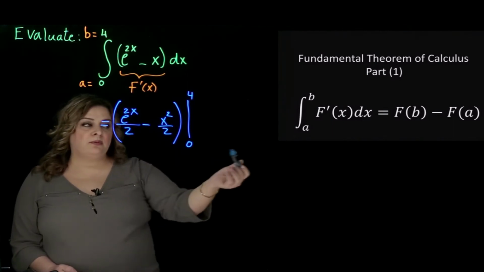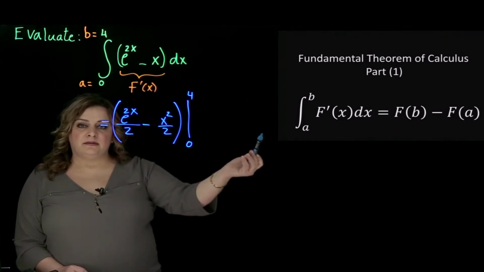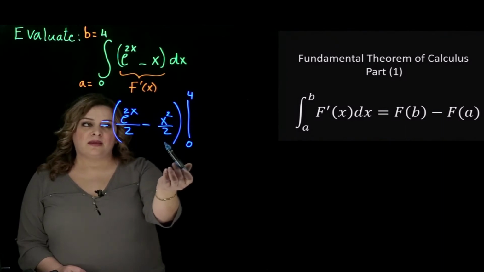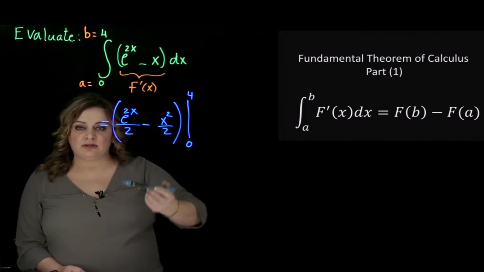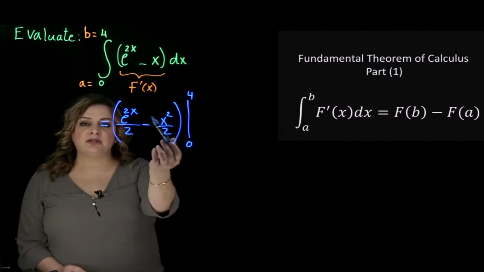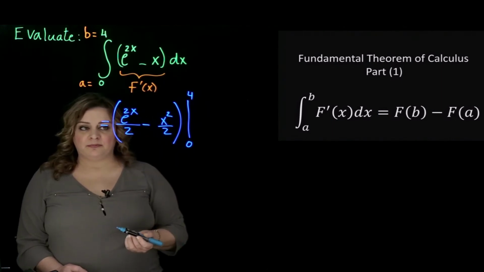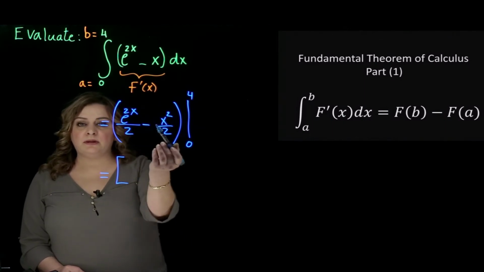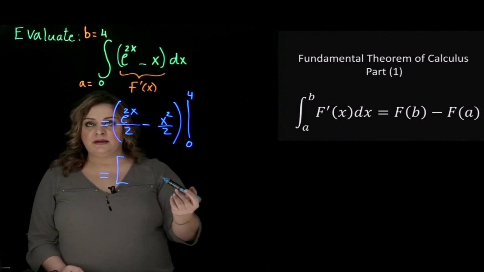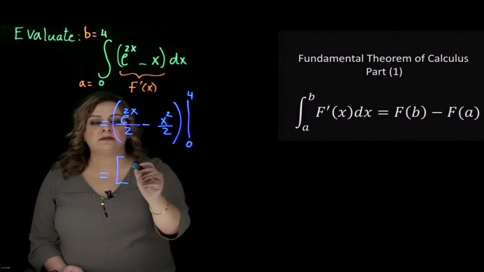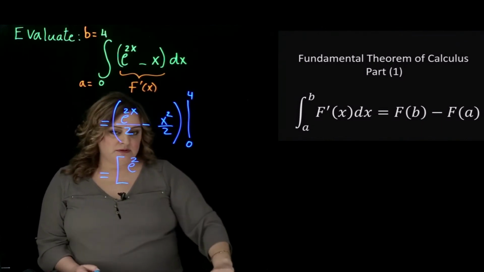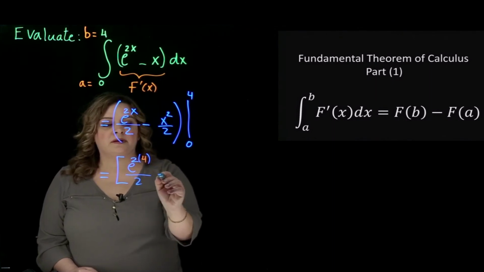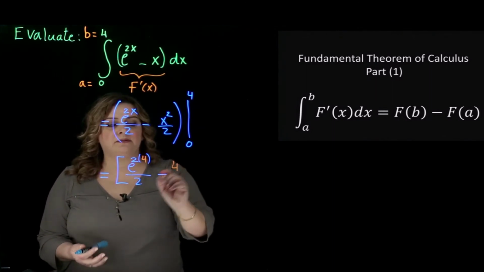To do so, we apply the fundamental theorem of calculus part 1, which says to evaluate the function first at x equals b minus the same function evaluated at x equals a. So this is going to equal, first we evaluate at x equals b, and b equals 4 here. So we will have e to the 2 times 4 over 2 minus 4 squared over 2.